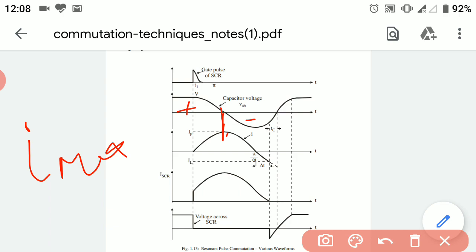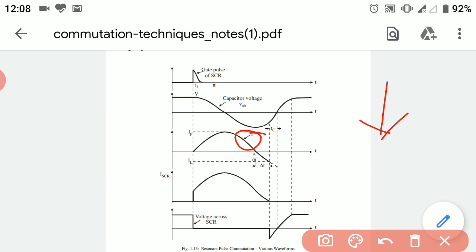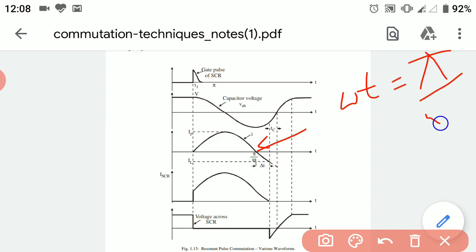After attaining maximum value, the current through the LC circuit starts decreasing, and after angle omega t equal to pi by omega, it reverses its direction.